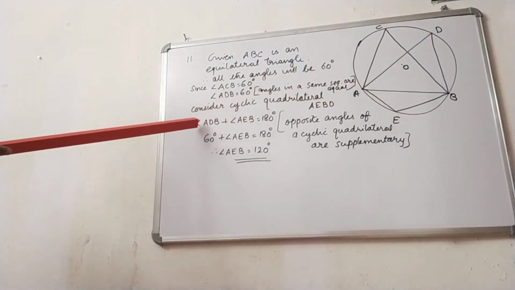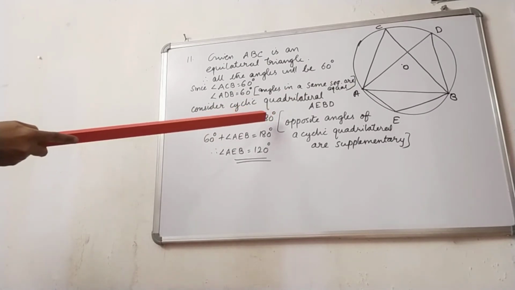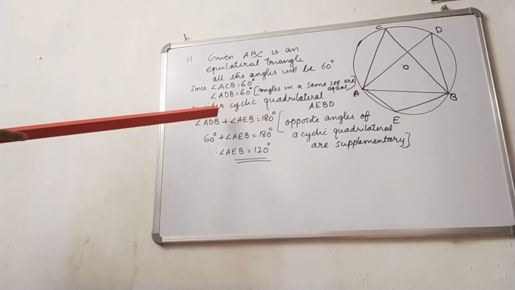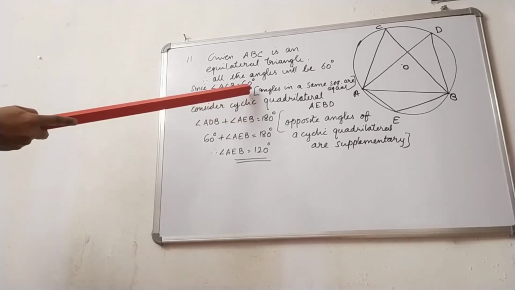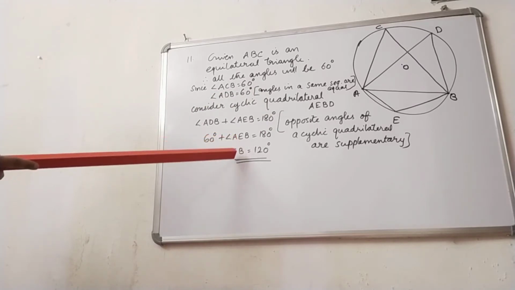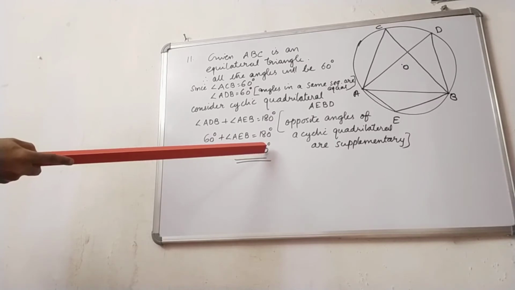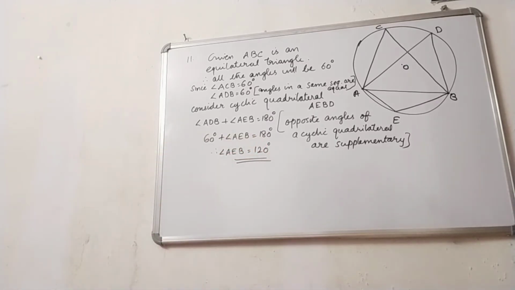That is angle ADB plus angle AEB is equal to 180 degree. We got angle ADB as 60 degree from the first part. So substitute that. So we will get angle AEB as 180 minus 60, which is equal to 120 degree.